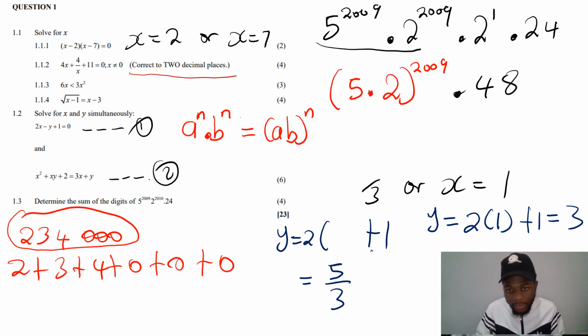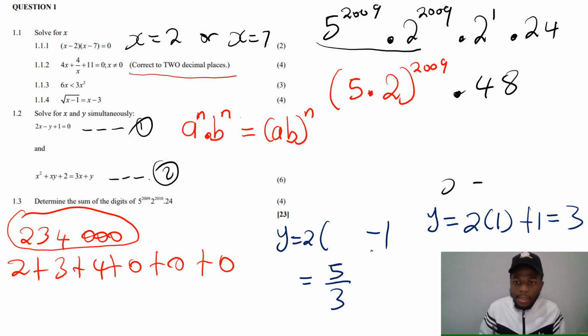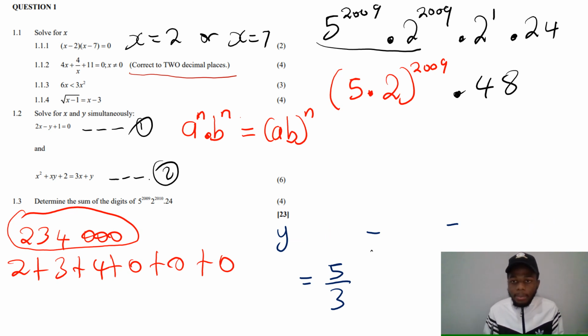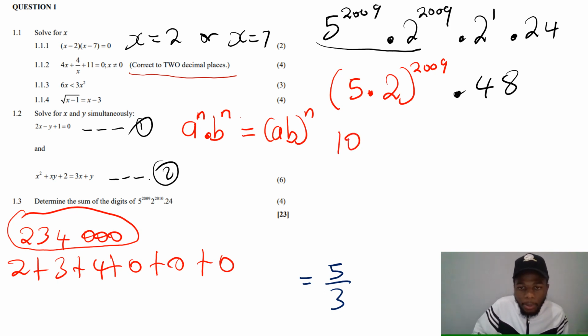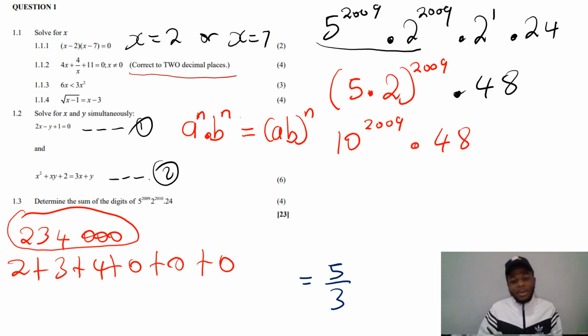So here's the deal. We know 5 multiplied by 2 is going to give us 10. Then it will be 10 to the exponent 2009, multiplied by 48. This is one of the easiest things.